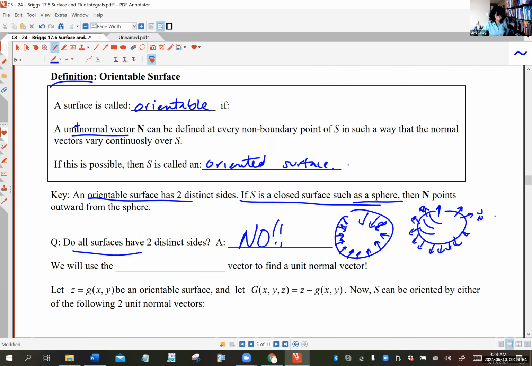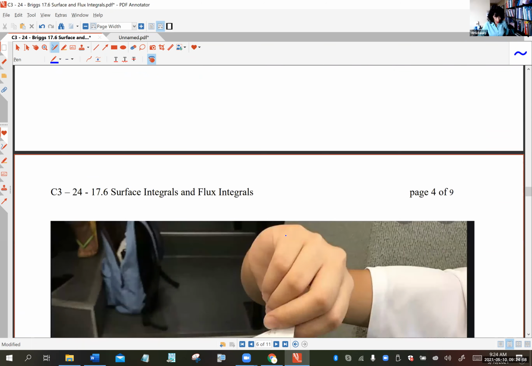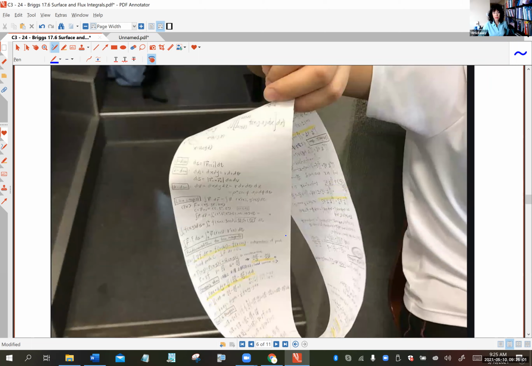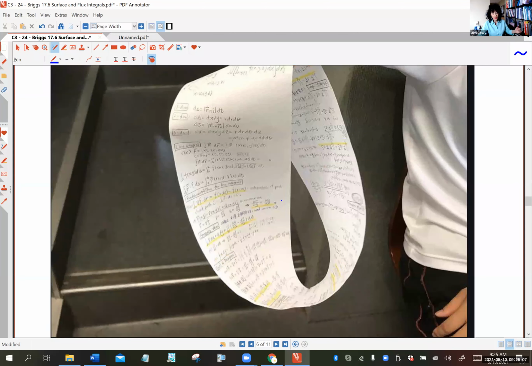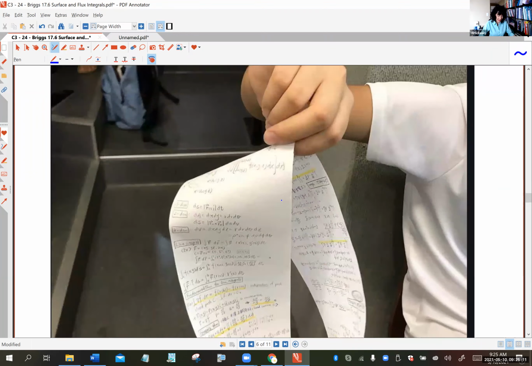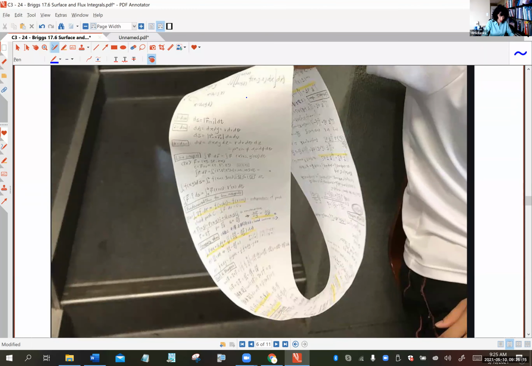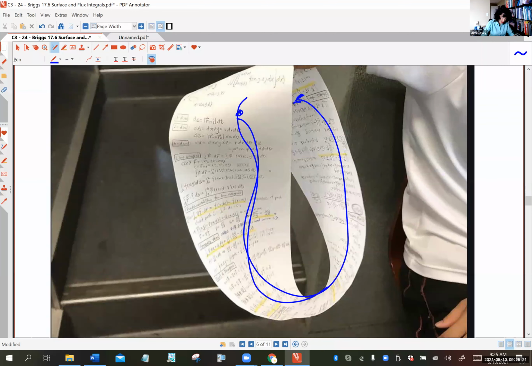So what do you mean? Now, if we were face to face, which we're not, I would tear up a piece of paper and twist it around and tape it together. But we're not. So instead, I'll show you a picture of a Möbius strip. And this is a nice meme. That's a Möbius strip, because if you start here and go all the way around, you end up on the underside of the surface.